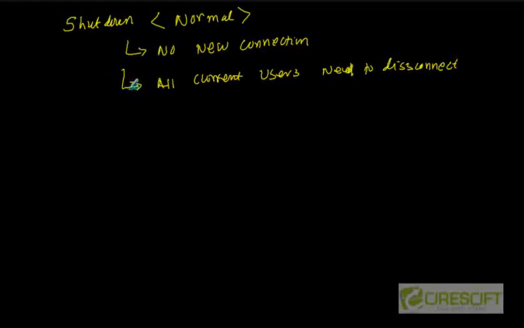Essentially Oracle will wait until all current users are disconnected. Then it is going to write the buffer caches: it will write the DB buffer cache to the data files, and it's going to write the redo log buffers to the online redo log file.